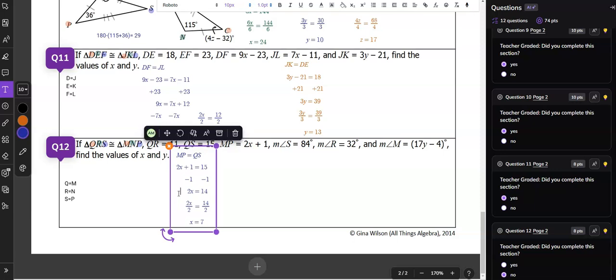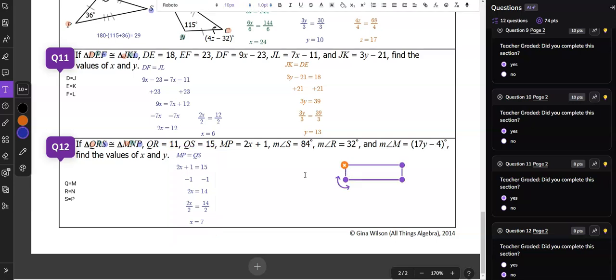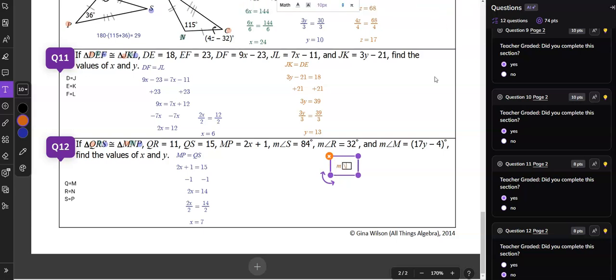So if we look at what we were given for y, we have that angle M is 17y minus 4. M and Q are congruent, but they did not give me Q. They gave me R and S. So first I need to find the measure of angle Q. So the measure of angle Q is equal to 180 minus S and R. S and R are the other two.